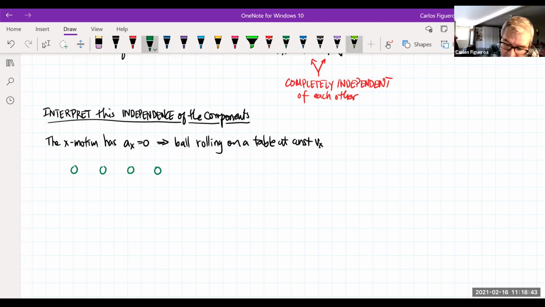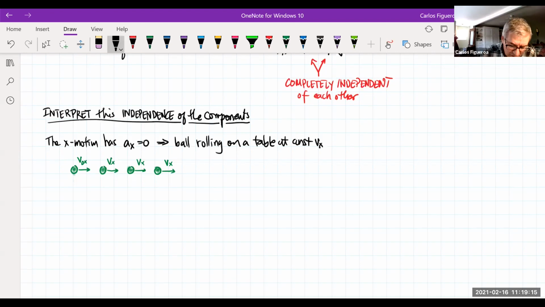It's moving at constant speed. So when I look at its speed here, I'm getting a constant horizontal speed. That means if I start my clock here, then any time afterwards, the speed is exactly the same. So it's like a ball rolling on a table here.